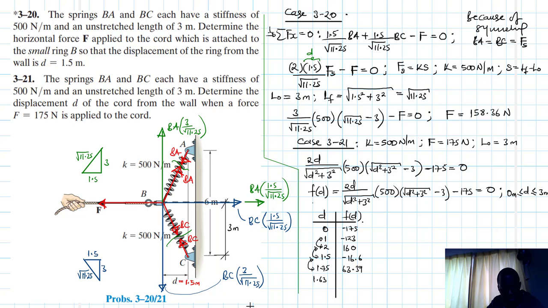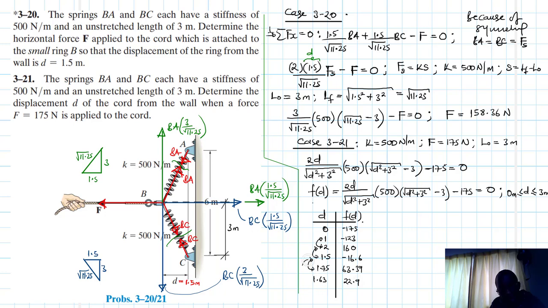So 1.63 squared plus 3 squared, so 11.65 or just 11.66. So 2 by 1.63 divided by root of 11.66 times 500 times root of 11.66 minus 3, minus 175. So we get a 22.9.